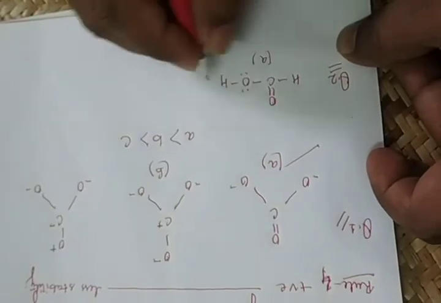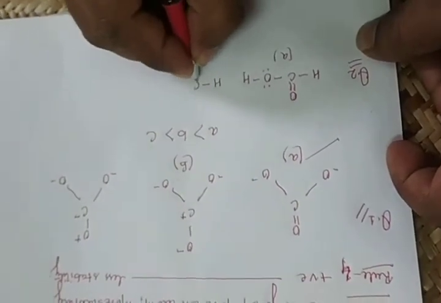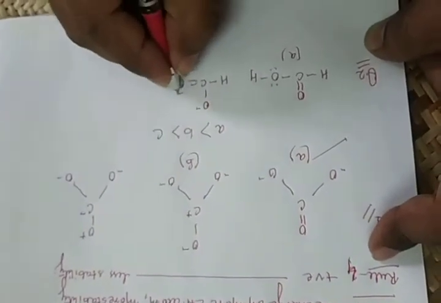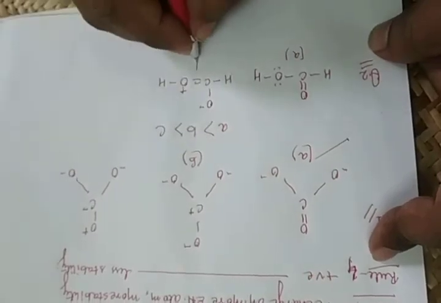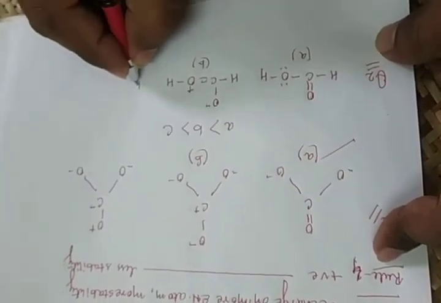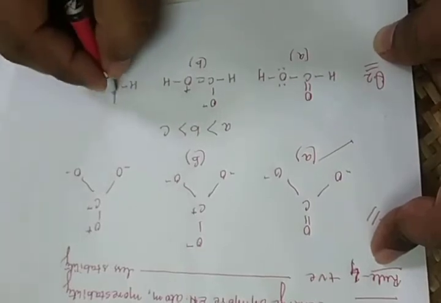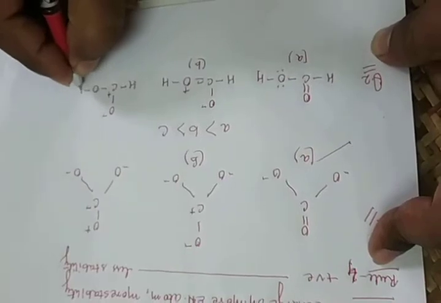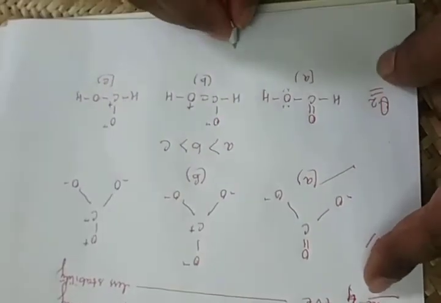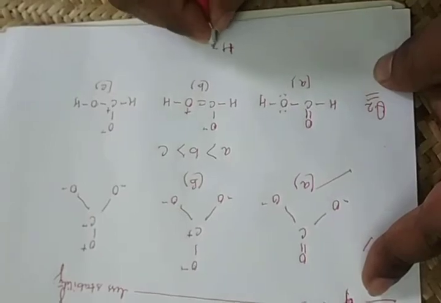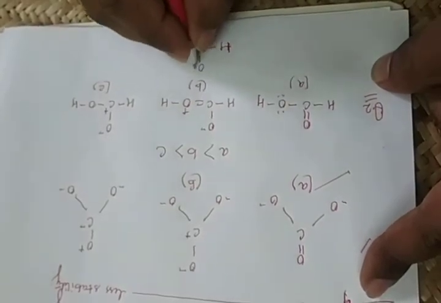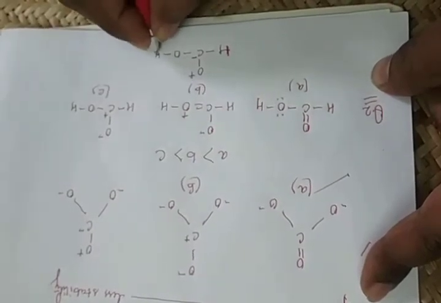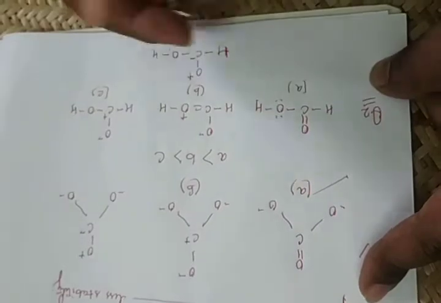This is compound A: H single bond C, O negative, double bond O positive, single bond H. This is compound B: H single bond C single bond O negative, carbon positive, single bond O single bond H. This is compound C. Now compound D: H single bond C, O positive, carbon negative, O single bond H. Arrange in order of stability.